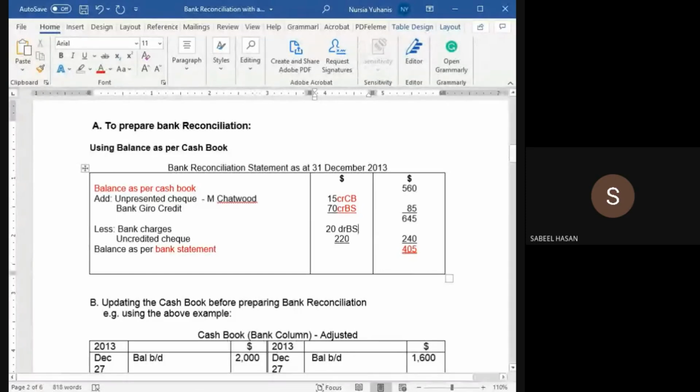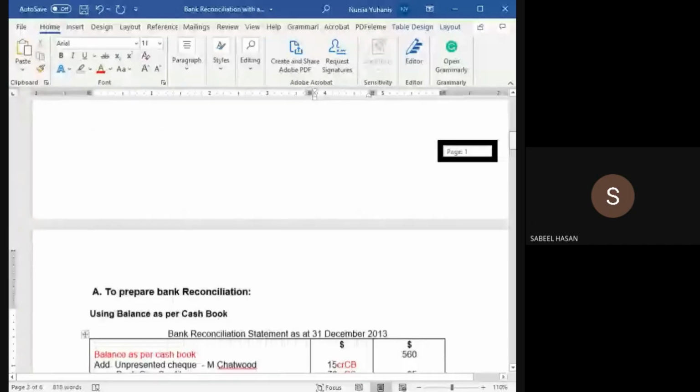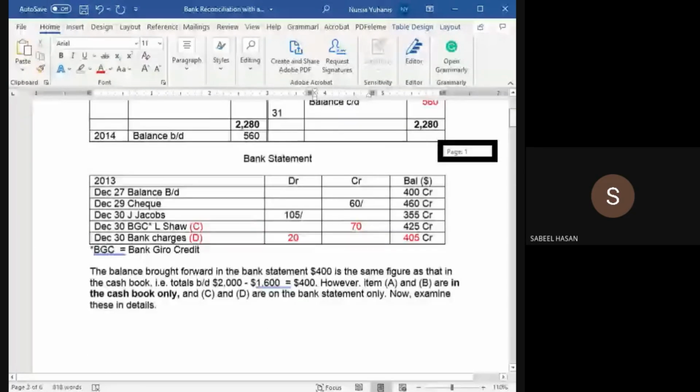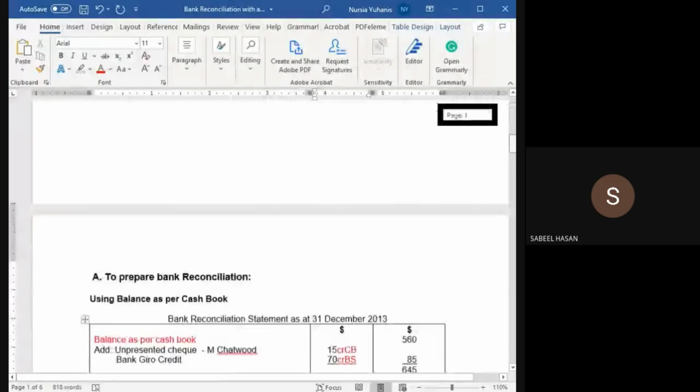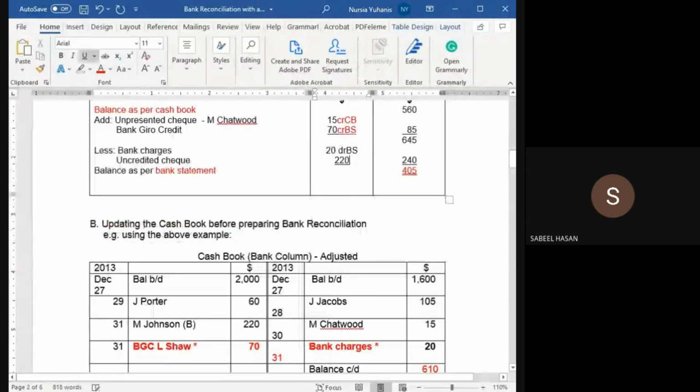Okay, and then we have one more check under cash book, which is on your debit side. Okay, this one is you receive. Okay, cash book debit means you receive. You receive check from M. Johnson. You receive this check M. Johnson 220. So this one debit side of cash book.